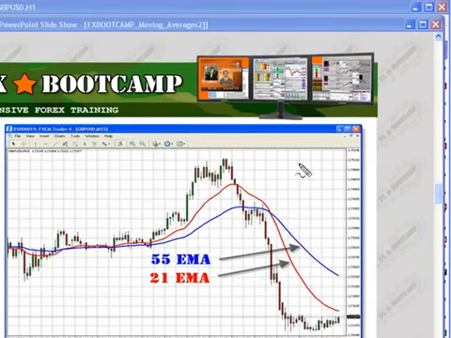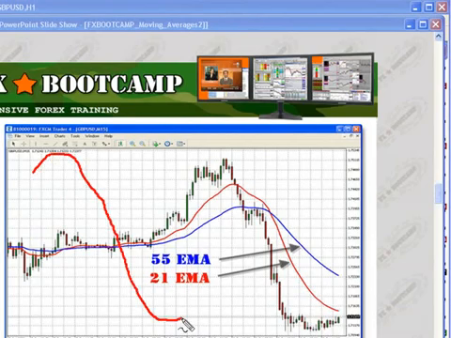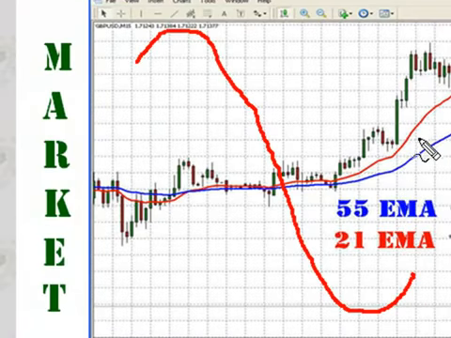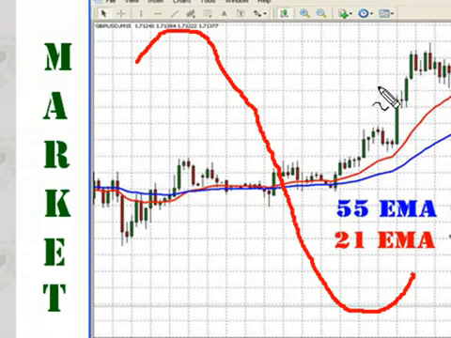Now, how many times have you seen, let's say the market falls, like in this example? Okay, the market falls. Let's say somebody asks you, hey, so how did trading go? And you said, well, the dollar fell today. Yeah, but you know what?